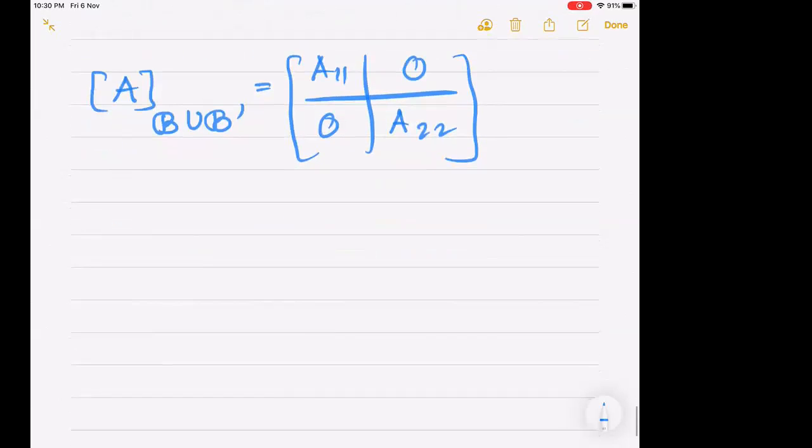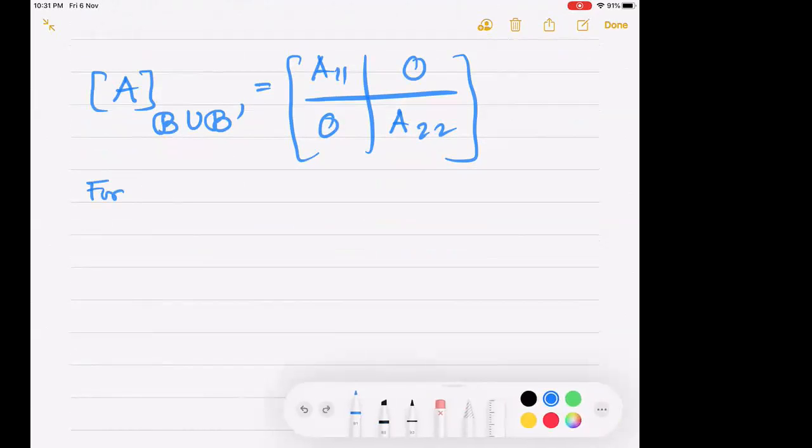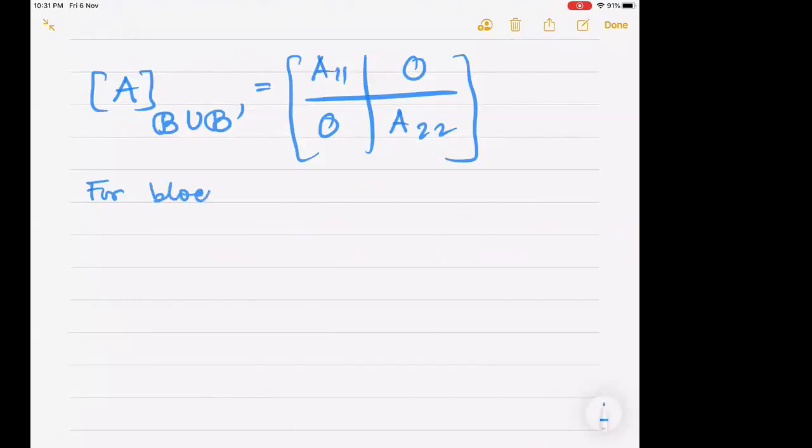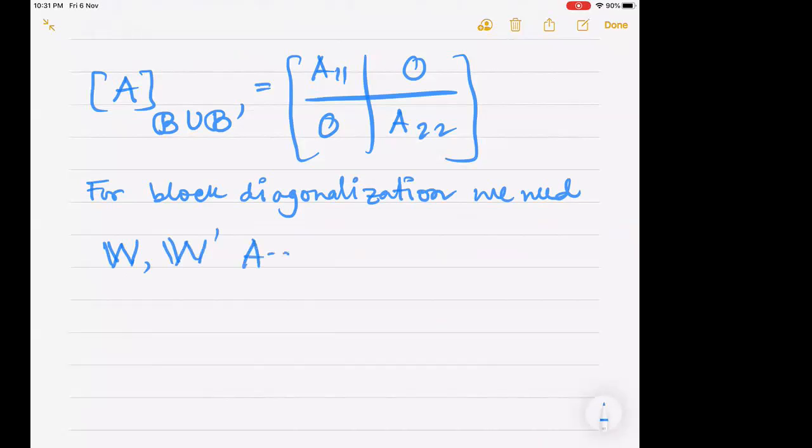So for block diagonalization, we need W and W prime both A invariant such that V is equal to W direct sum W prime.